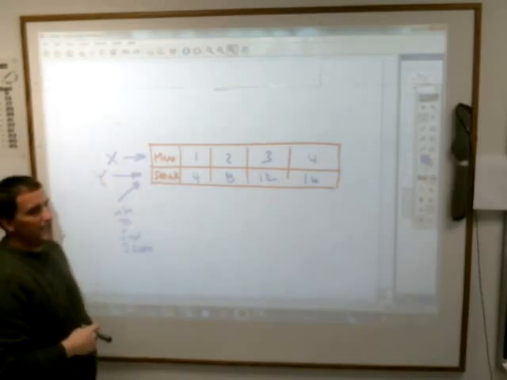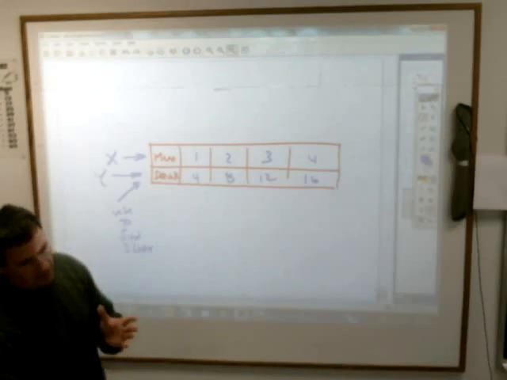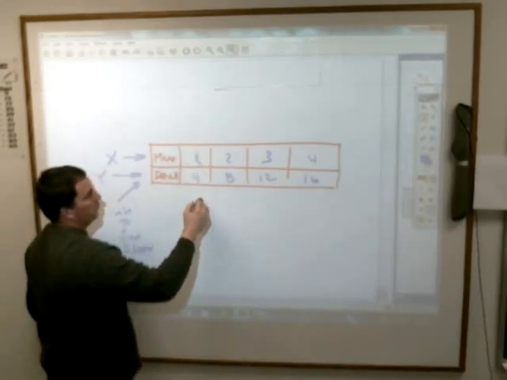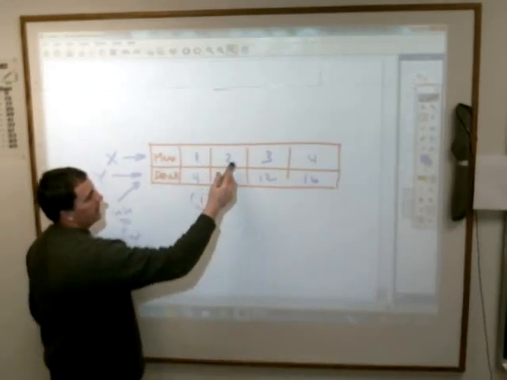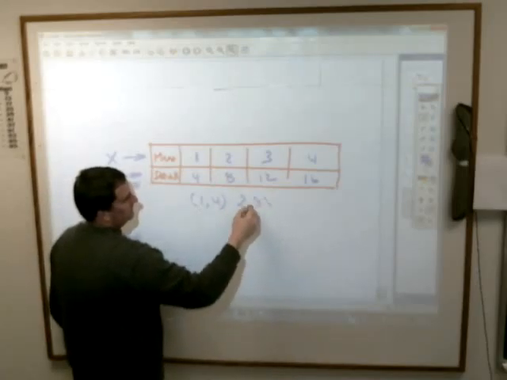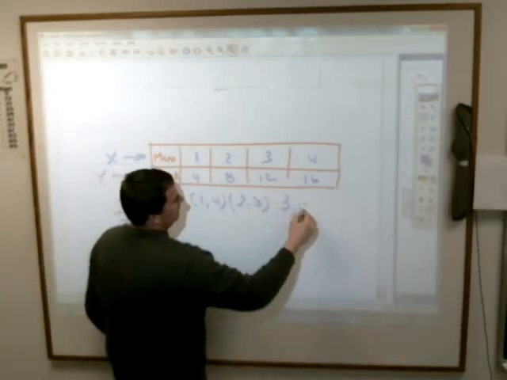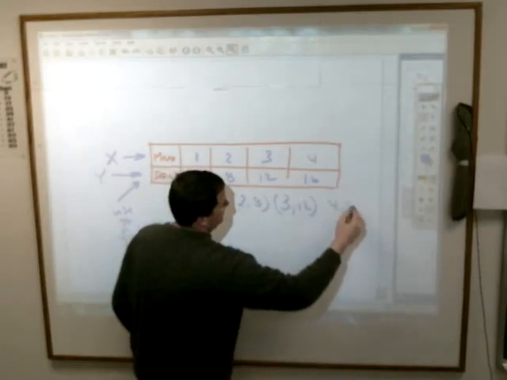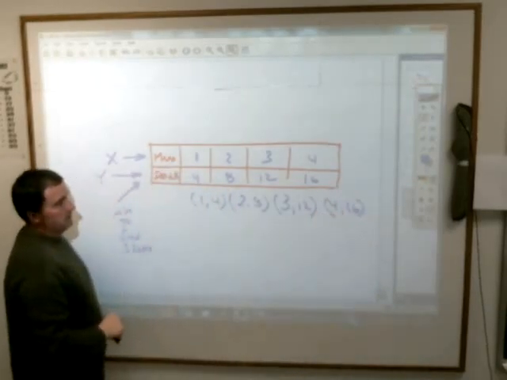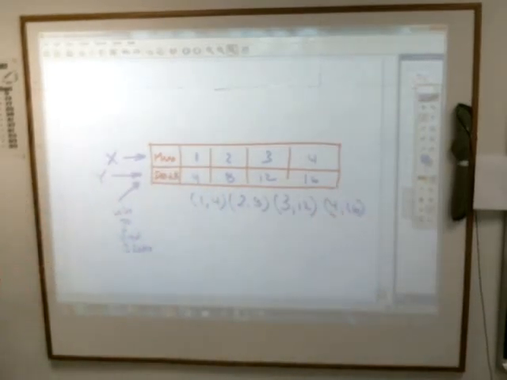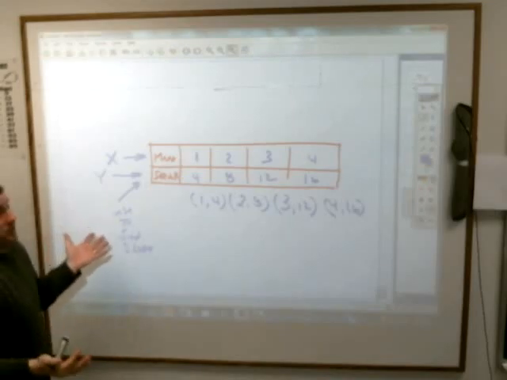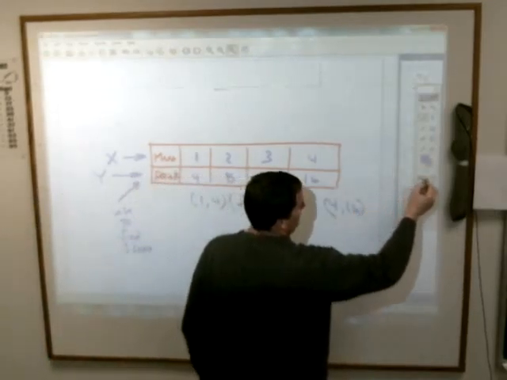Think about it not in terms of a table, but in terms of making points out of it. You've got the point 1, 4, the point 2, 8, the point 3, 12, and the point 4, 16. It doesn't matter which 2 points you use to find your slope, you just pick 2. You'll get the same answer regardless.